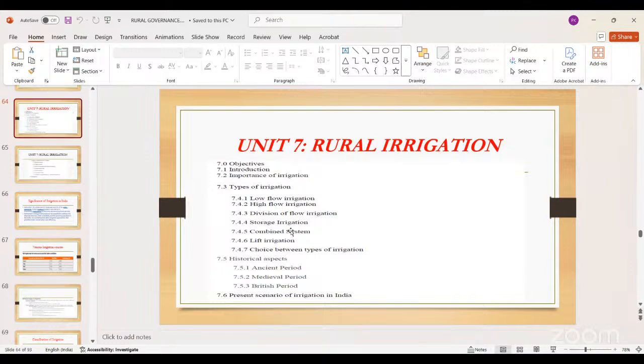Then lift irrigation. It is normally practiced when the water supply is at too low a level to run by gravitation on the land. Normally, in flooding irrigation, it basically follows gravity.